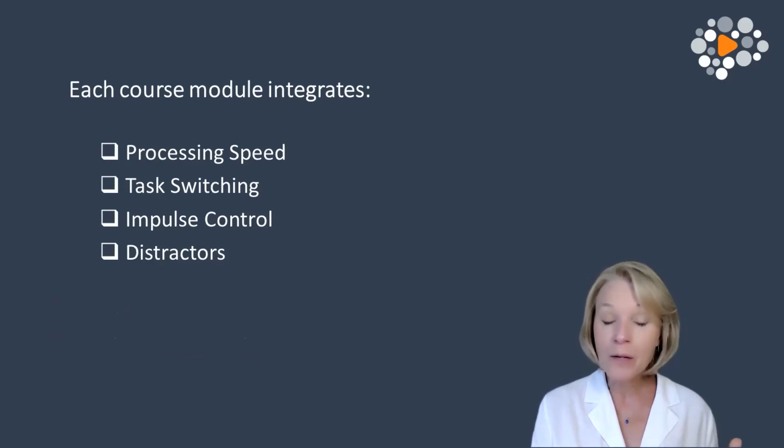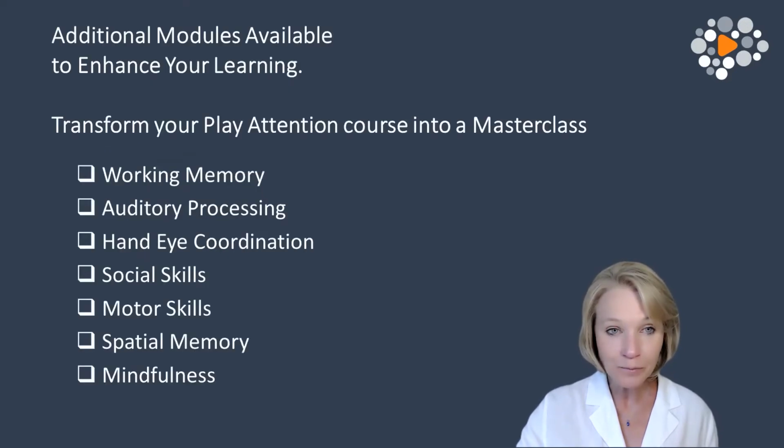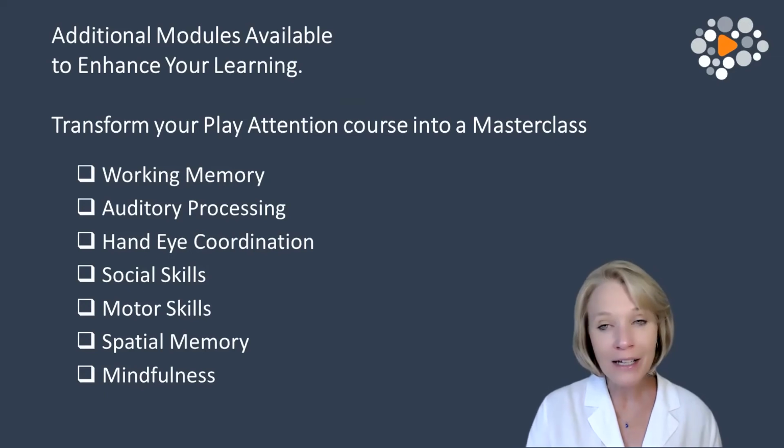Task switching, that ability to be mentally flexible, transition from one situation to another. We work on impulse control and, of course, filtering distractions. So as you move up into the higher levels of difficulty, we tie in these other processes that, again, support strong executive function. We then have a variety of masterclass modules that are available.